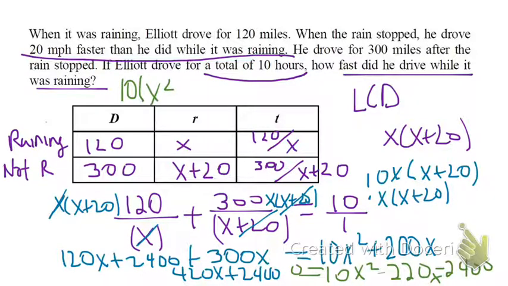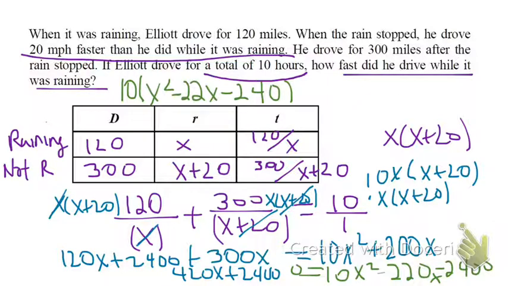X squared minus 22x minus 240. Okay. And now we are going to do what? Now we can do our X method. Let me erase some stuff here so we can do that over here.